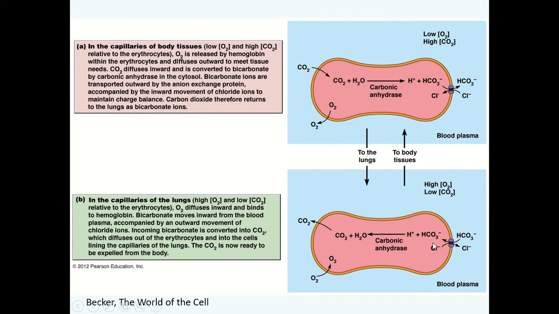Therefore, in order to accommodate for that incoming bicarbonate, chloride ions are going to be pushed out of the cell. So the anion channel is very important in regulating the movement of the anions across the red blood cell membrane, and therefore is very important to regulate the pH and the electrical neutrality of the red blood cell.